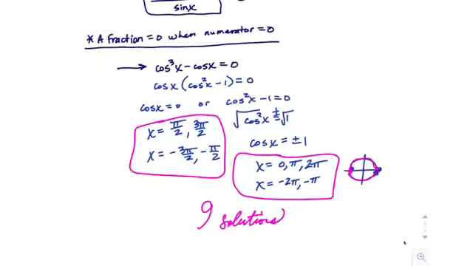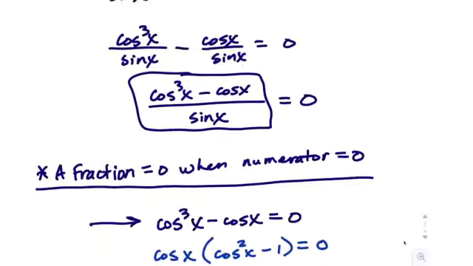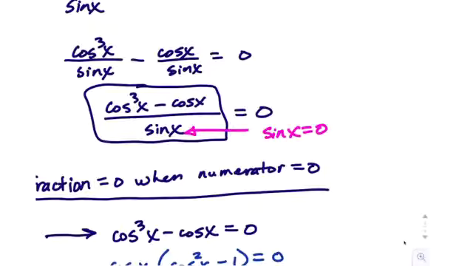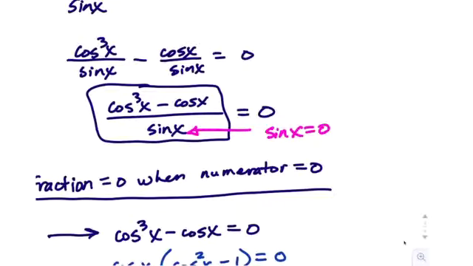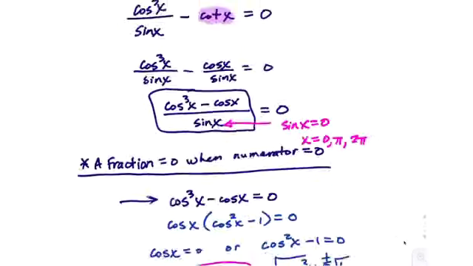Okay, now we do want to check one thing. Remember, sine can't be 0. When is sine equal to 0? Sine equals 0 when x is 0, pi, 2 pi, and so on and so forth.